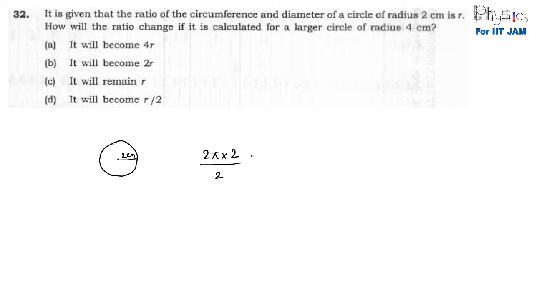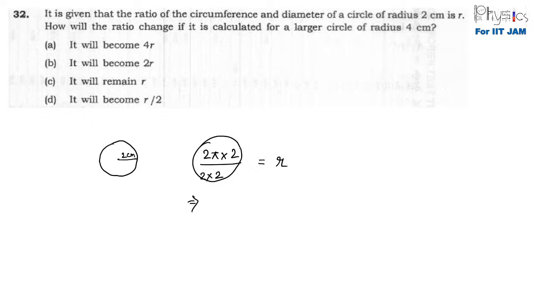This ratio is equal to, now it is not radius, it is diameter, that means 2 multiplied by 2, right? So it is equal to R. Okay.